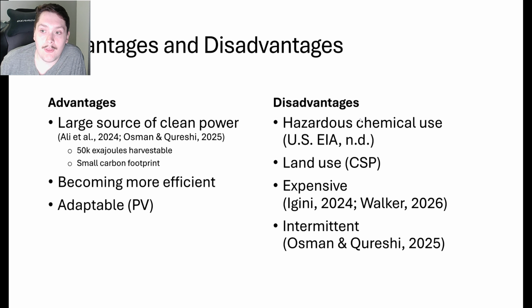Cloud cover can affect things. And while there are things that try to help with this, like batteries to contain the solar power that they get during the day, or in concentrating solar power plants, there's thermal reservoirs that kind of hold the heat that they get from the day. It's not going to be continuous, and it's the same way with wind power, really.